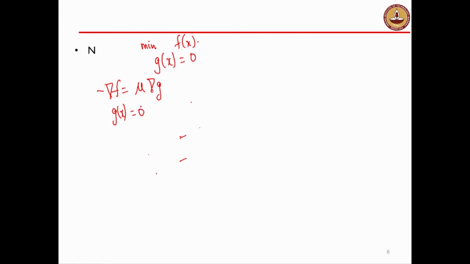I have to solve all of these equations together if it is an equality constraint problem. Now if it is an inequality constraint problem, let me write it in this form: minimize f of x subject to h of x less than or equal to 0. I have two cases. At an optimum point, either h of x is strictly less than 0 or h of x is equal to 0.